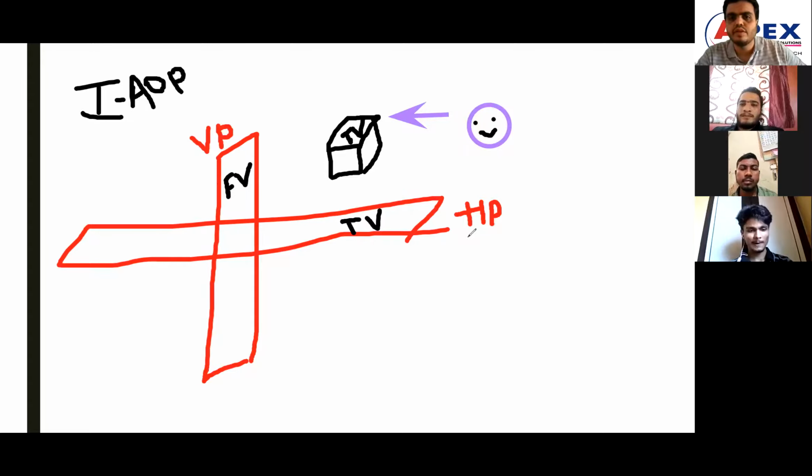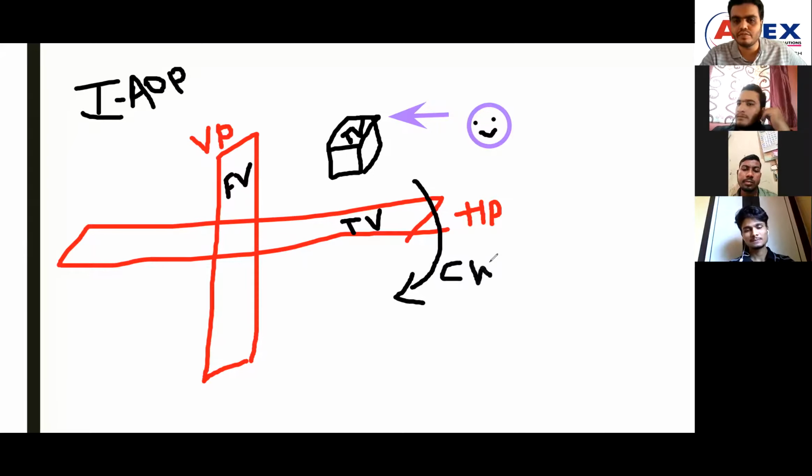Yes, sir. So because of the equilibrium condition, we need to rotate this horizontal plane in a clockwise direction. Once we rotate the horizontal plane clockwise, the top view will come on a vertical plane, that is below HP. Are you getting?